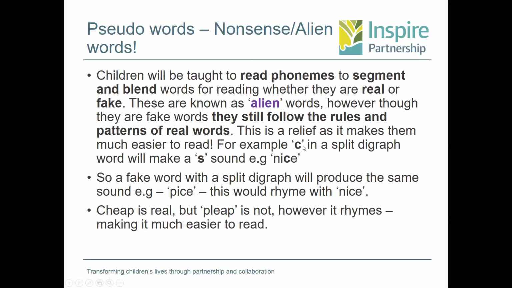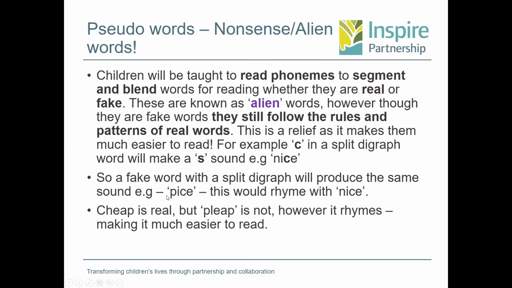For example, the letter C in a split digraph word will make an S sound, for example, in the word nice. So once the children have learned that this letter C can make an S sound in a split digraph, nice, we'll then begin to introduce fake words for them, alien words. In an alien word, a split digraph will produce the same sound.